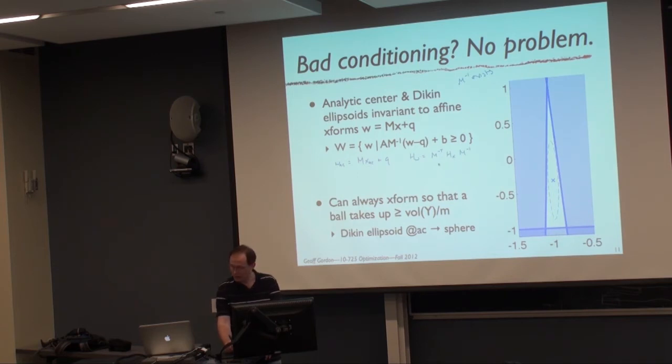And so, in particular, suppose that H sub X factors, let's say the Cholesky factorization, so that would be R transpose times R for a lower triangular R. And then if we take M to be equal to R, then we get R inverse transpose, R transpose R, R inverse, and that's equal to the identity.